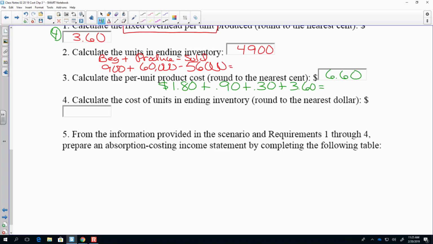And once we have that answer, I can multiply by the units in ending inventory, which gives $32,340.